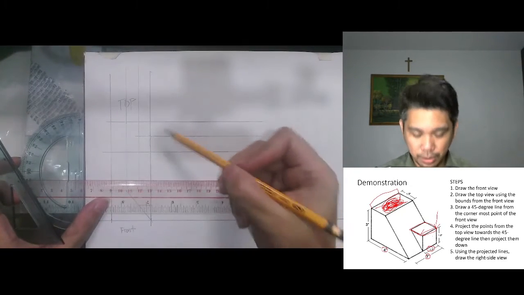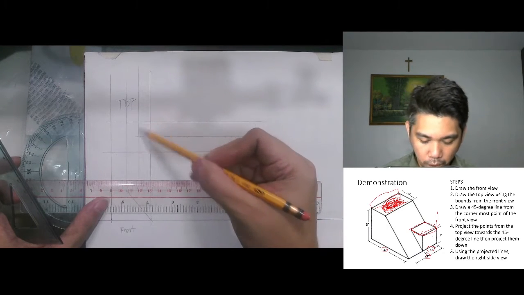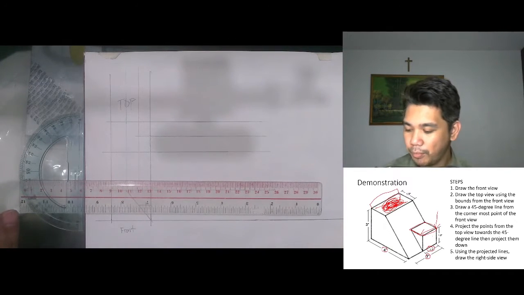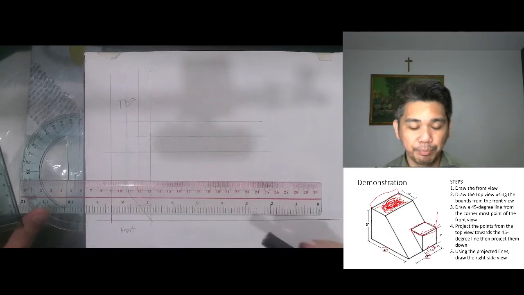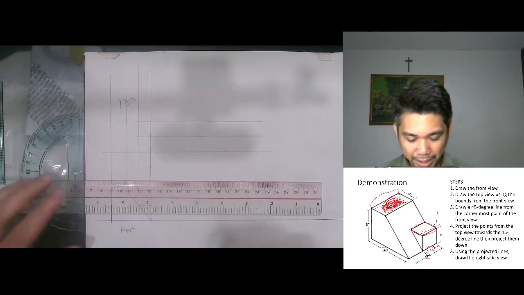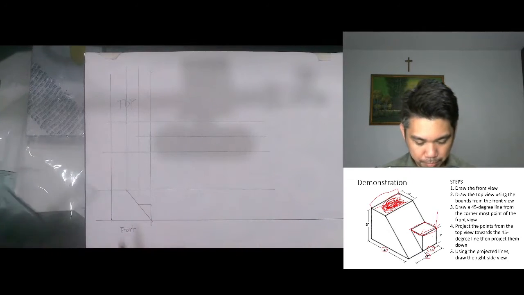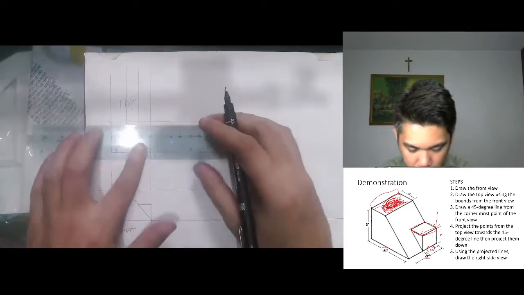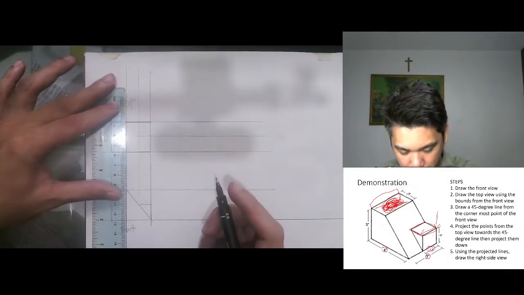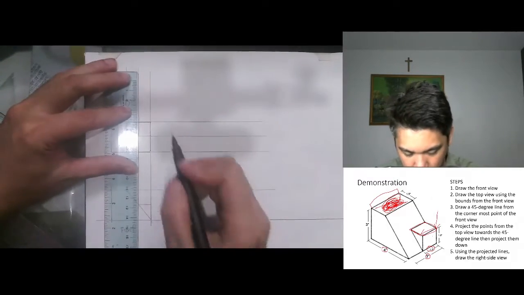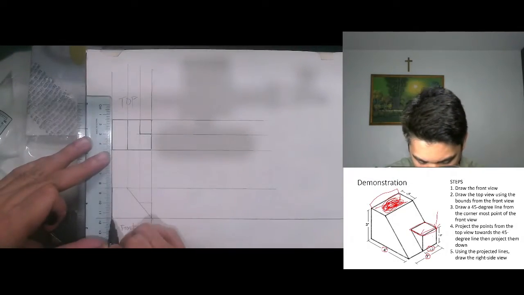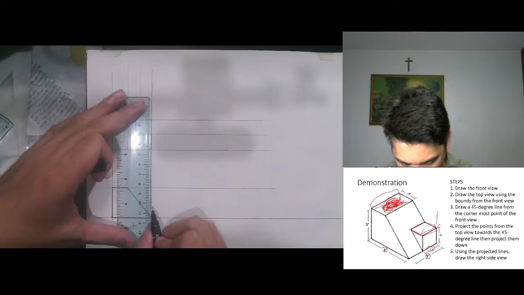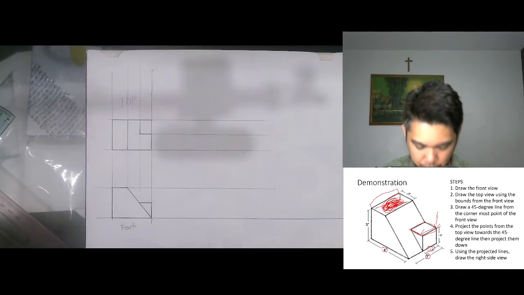So it's already here. Now, can you see the top view already? If you are still having a hard time looking at the top view, let me put some ink so that it will look clearer. So something like that.